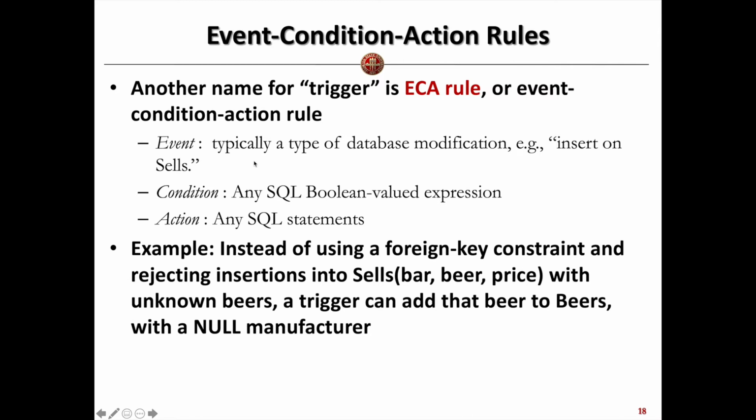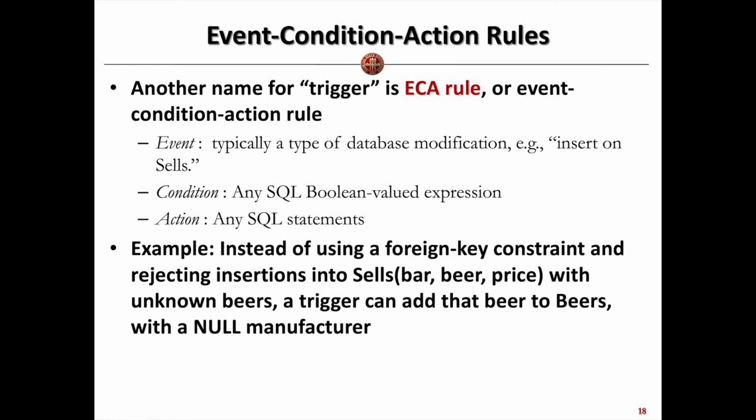Based on an event, we define some conditions. If the condition is true, then we move to the action. The action will be some SQL statements. Once the event happens, we check if the condition is true or not. If true, we take the action. This is what the trigger actually does.